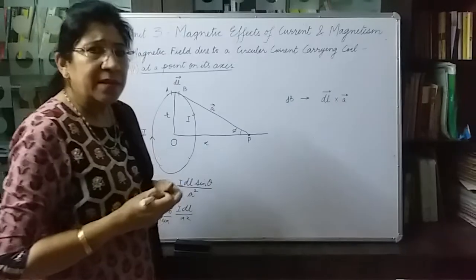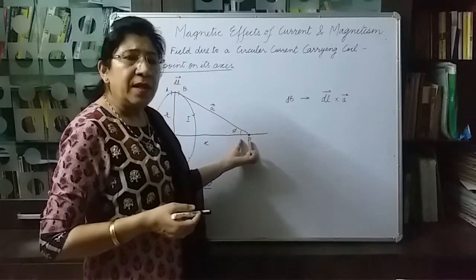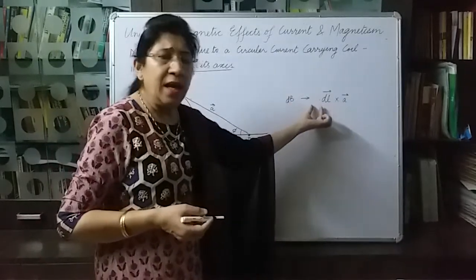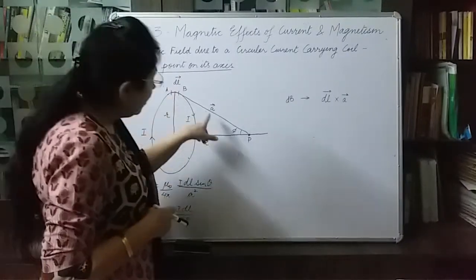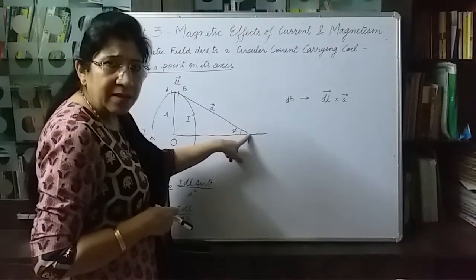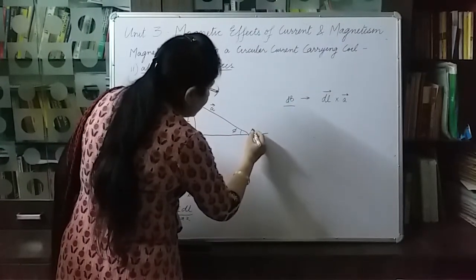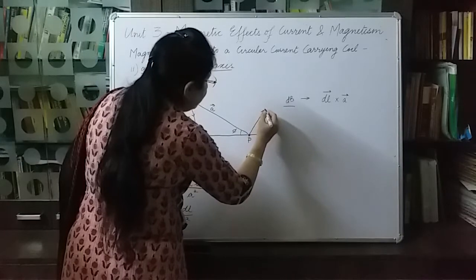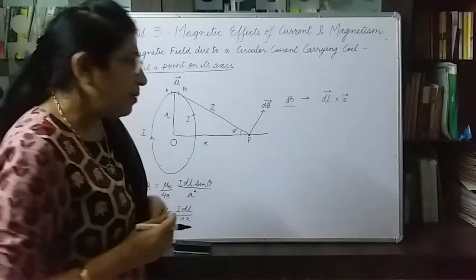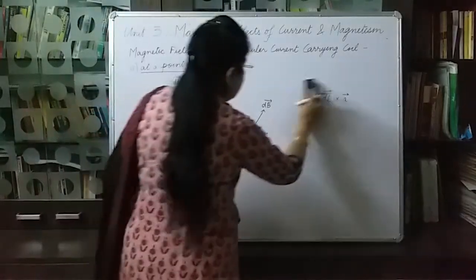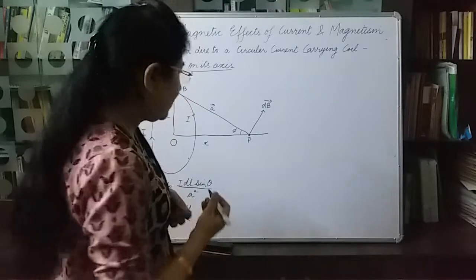This means at all times dB at point P is perpendicular to dl as well as a. dl is here, but here the position vector is available, and dB we can draw just a perpendicular to the position vector a and represent dB. Here we can resolve dB into two components.